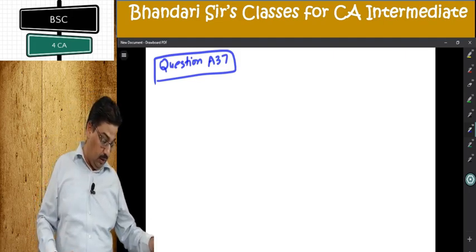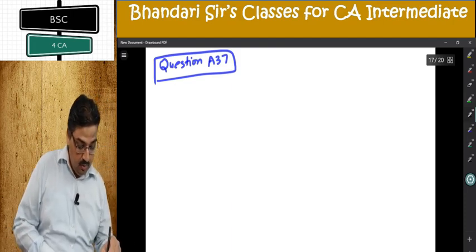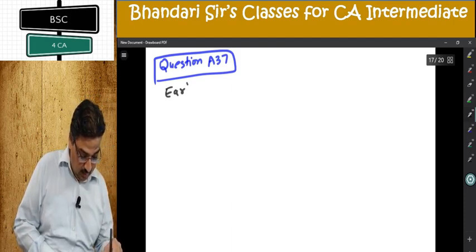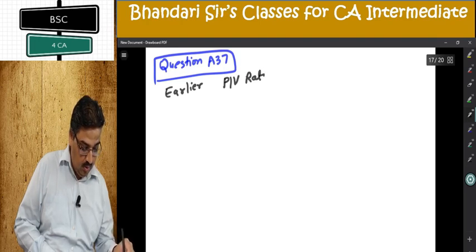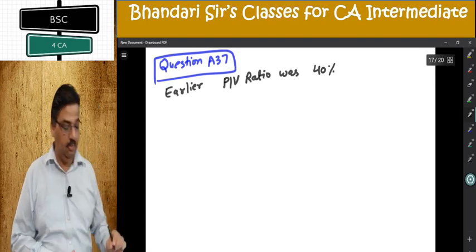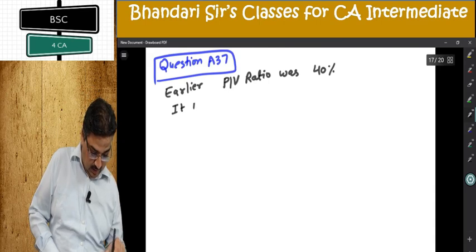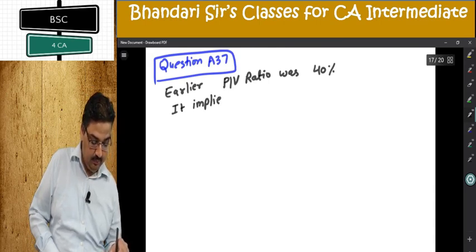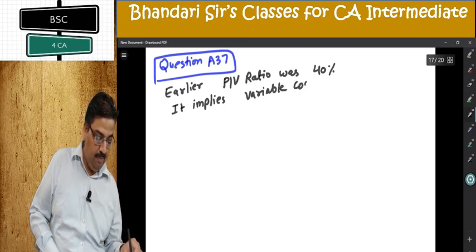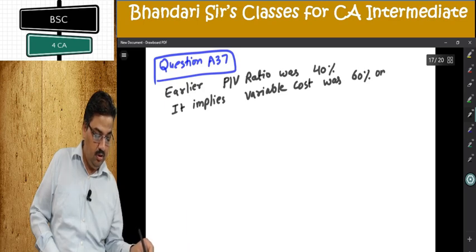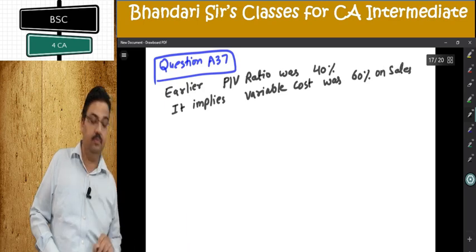Now try to focus here. Earlier, PV ratio was 40% before modifications. It implies variable cost was 60% on sales.